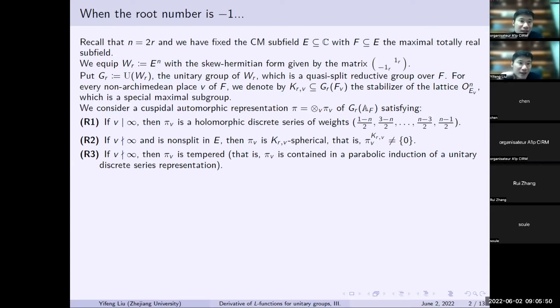And yesterday we considered a cuspidal automorphic representation pi of G_r(A_F) satisfying the following three conditions. The first one: when v is Archimedean, we require pi_v to be a holomorphic discrete series of minimal possible weight. Second, when v is non-Archimedean and non-split, we require pi_v to be K_r,v-spherical. And third, we require that pi_v is tempered everywhere.